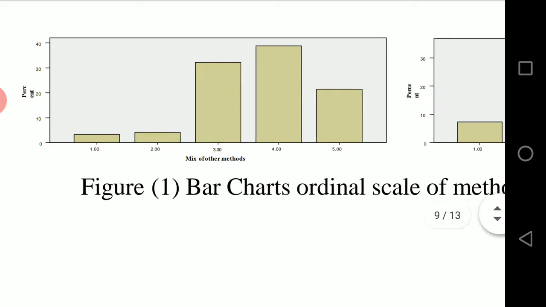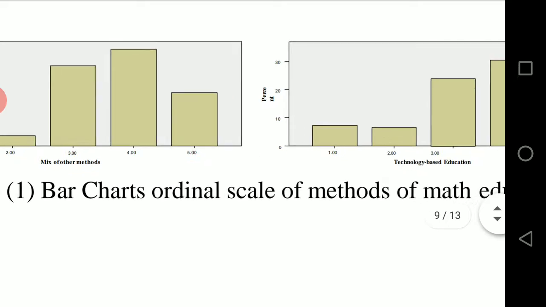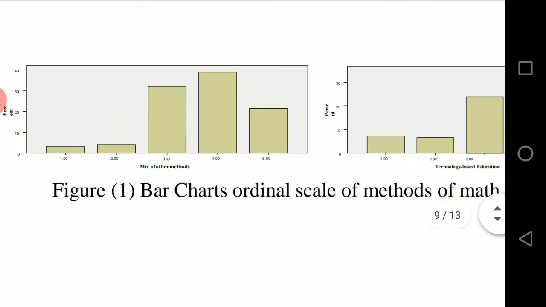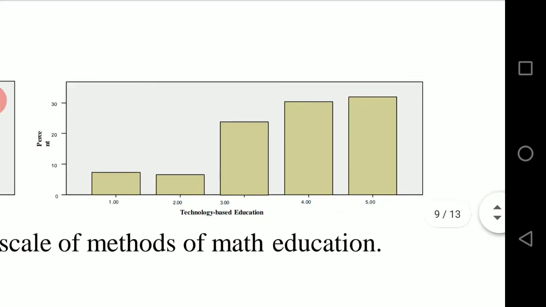These are all bar charts of the ordinal scale of methods of math education. Then the fourth one, a mix of other methods, indicates number 4 is increased over the remaining ones. Then the last one, technology-based education. In that education, number 5 indicates the higher rank compared to the other values.